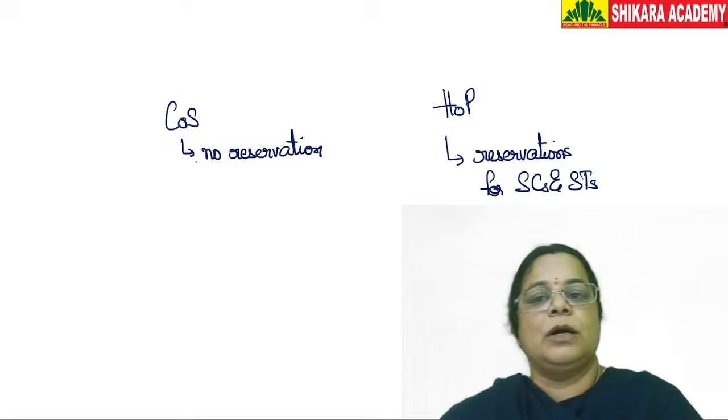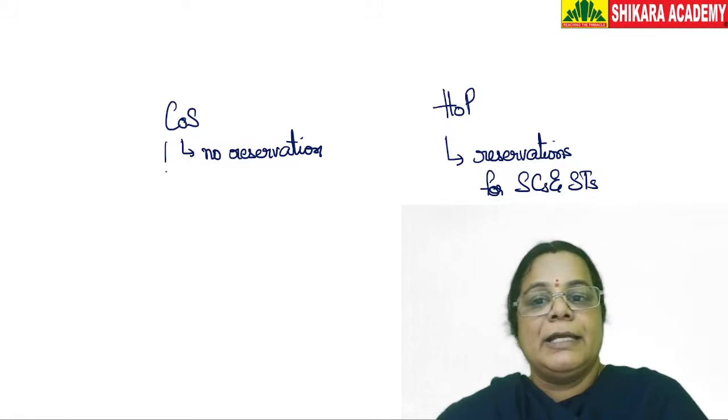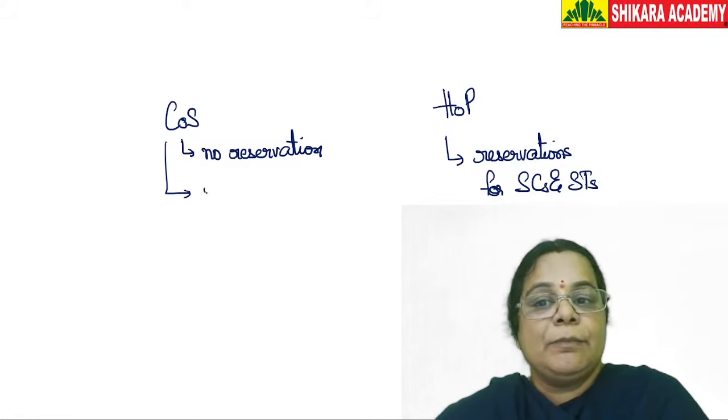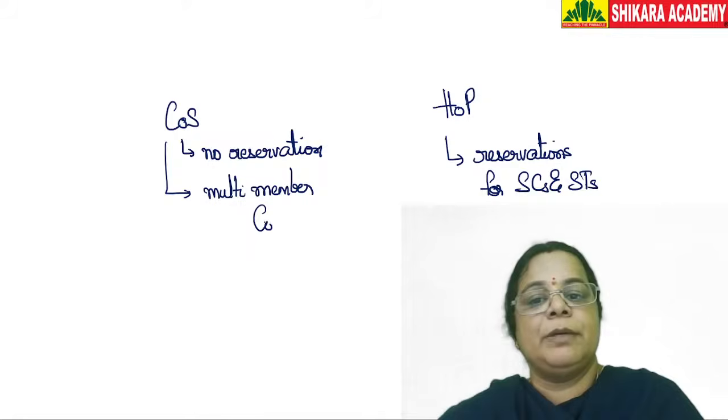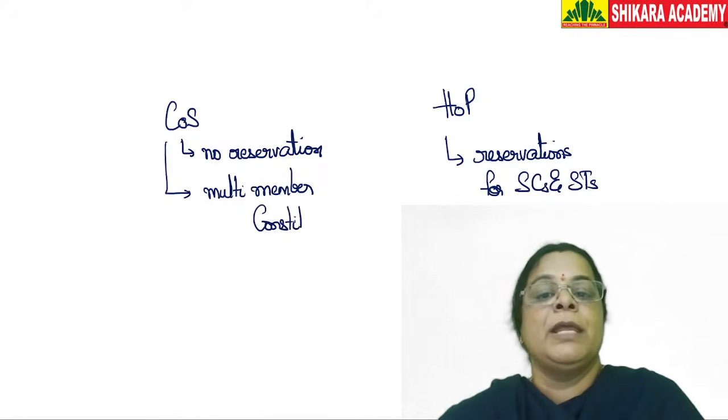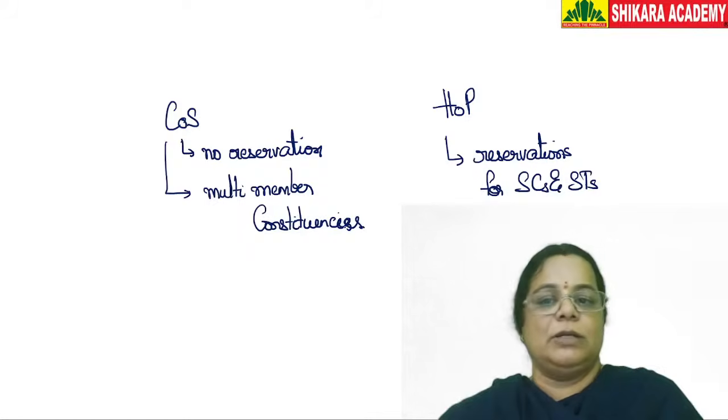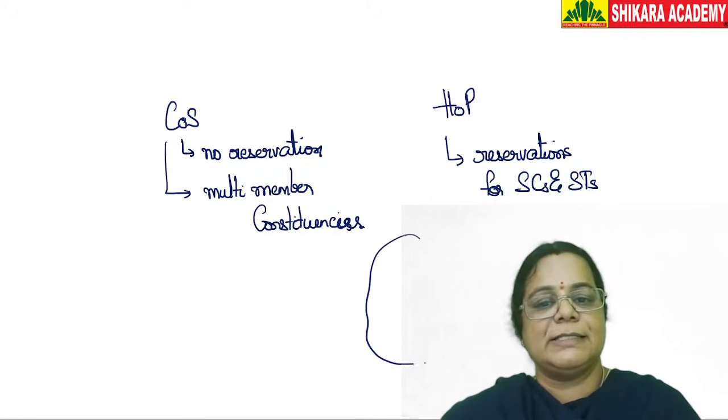Also, remember, the Council of States is a multi-member constituency. Now, what do you mean by multi-member constituency? See, I can in a way say that each state is one constituency. For example, take this as a state in India.